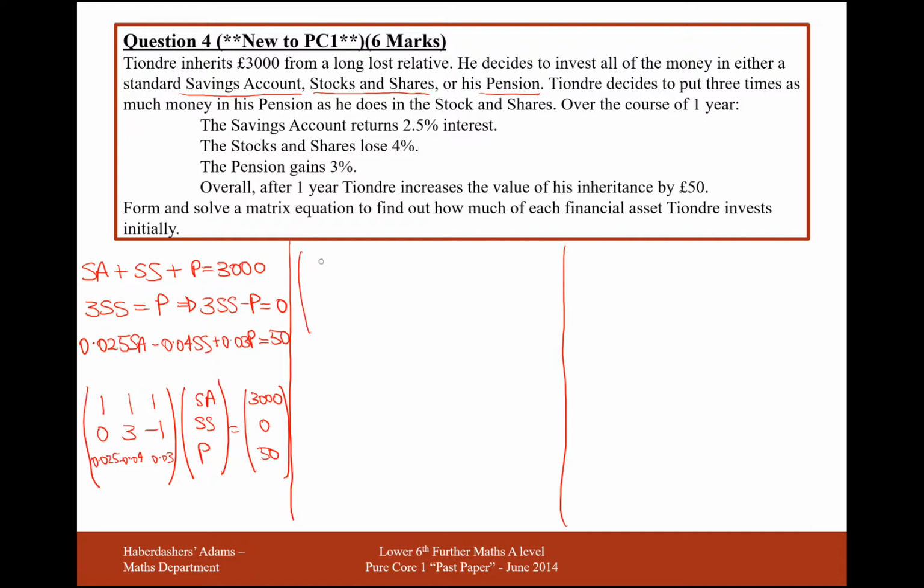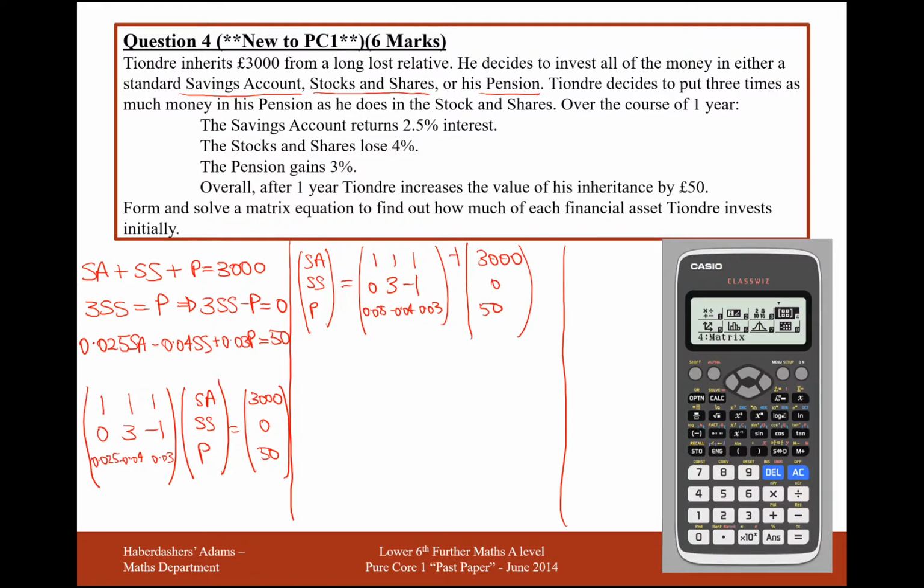So all that's left for us to do now is to invert this matrix: 1, 1, 1, 0, 3, minus 1, 0.025, minus 0.04, 0.03, inverse, and then times it by the vector of 3,050.